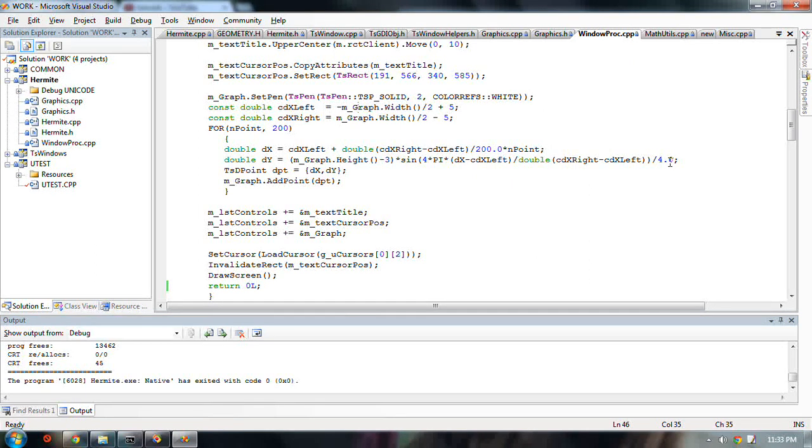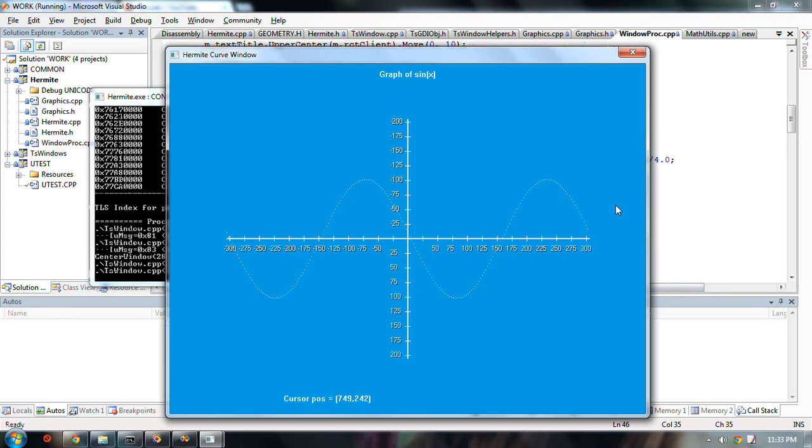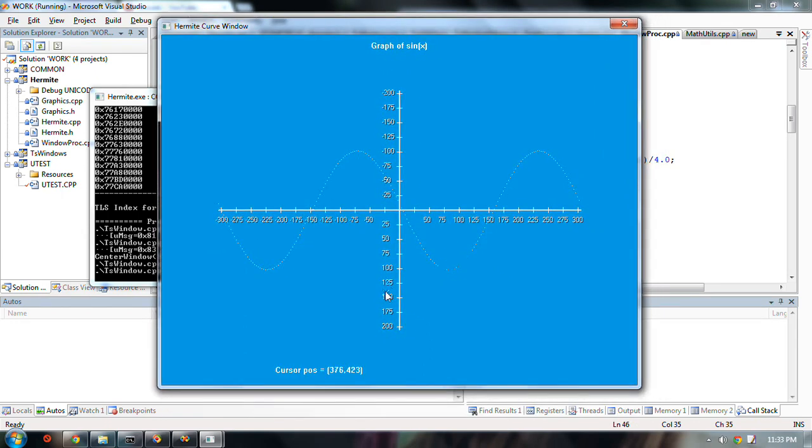Now, I found it looked a bit too silly going all the way to the top and bottom, so I divided the height by 4, and I'll just run it, show you the graph. Here's my graph, sine x.